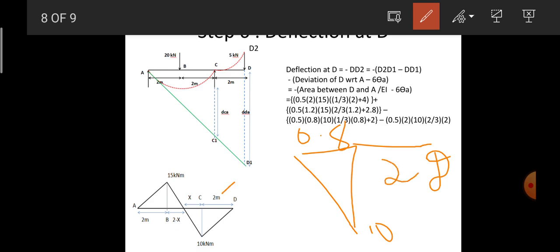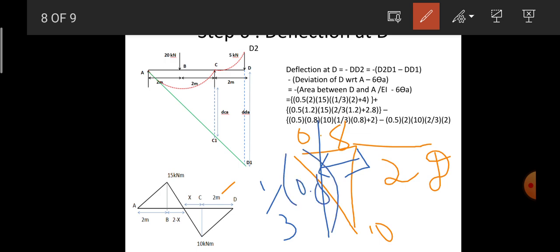If I draw the centroidal axis, the centroidal distance is at 1/3 of 0.8 plus the remaining distance of 2. Since it is in the negative fashion, I have taken it as negative. Half into base 0.8 into 10 into 1/3 of 0.8 plus 2 meters.